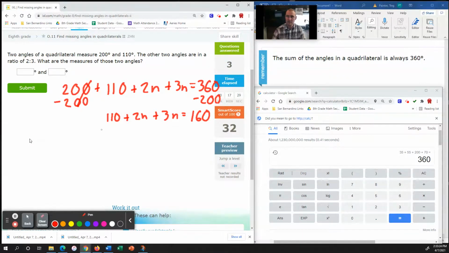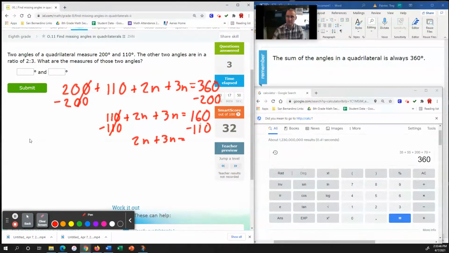All right, next step, let's get rid of 110 from both sides, minus 110. So 110s are out. 2n plus 3n equals 160 minus 110.